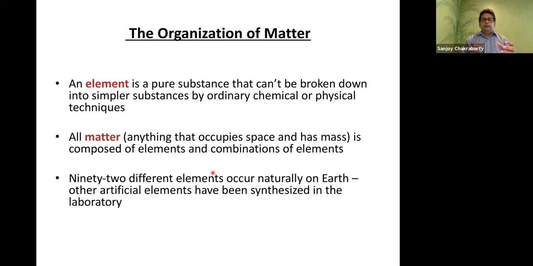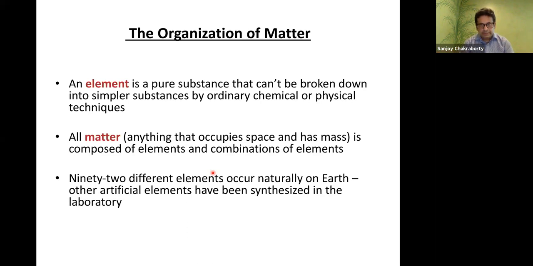And so element, imagine one more time. I have, let's say, gold on my left hand, mirror image, okay? On the other hand, we have, let's say, iron. And if we keep breaking them, at one time we will reach atoms of gold and atoms of iron.